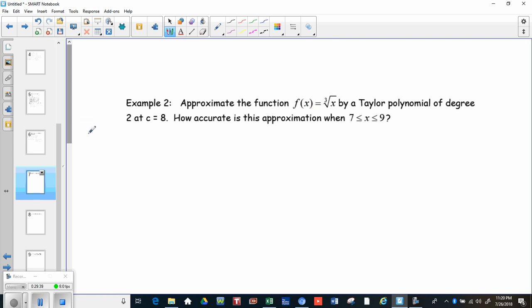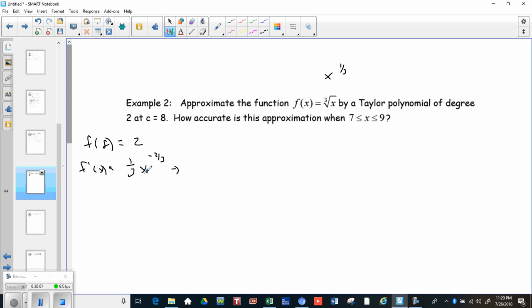So f of 8. This is centered at 8, so we have to remember that. Good news is the cube root of 8 we can do, that's 2. We need the derivative. Well, this is x to the 1/3 power, so we're going to get 1/3 x to the negative 2/3.